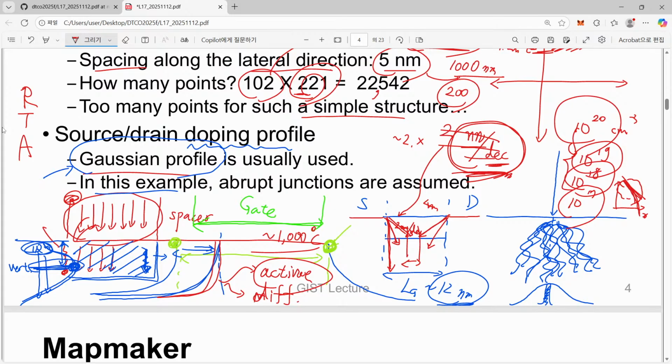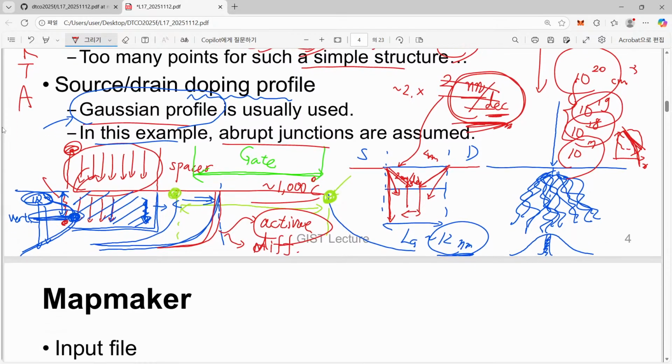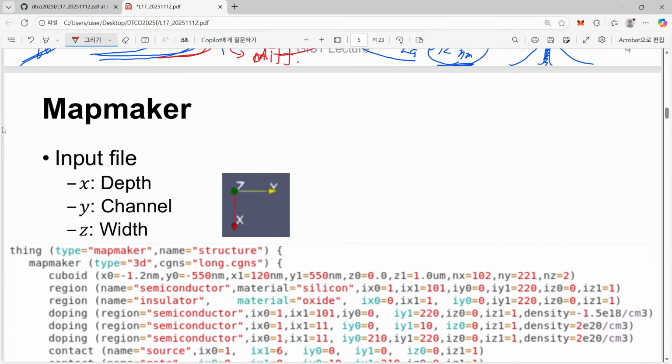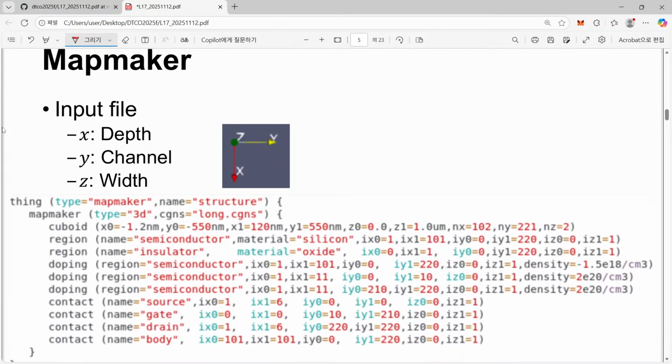However, now the laser is gone, so they lose their energy and don't move. Anyway, this is critically important in an actual case, but let's come back. We will just use an abrupt junction. But please remember that in reality, junction profile design is critically important to have a working device.